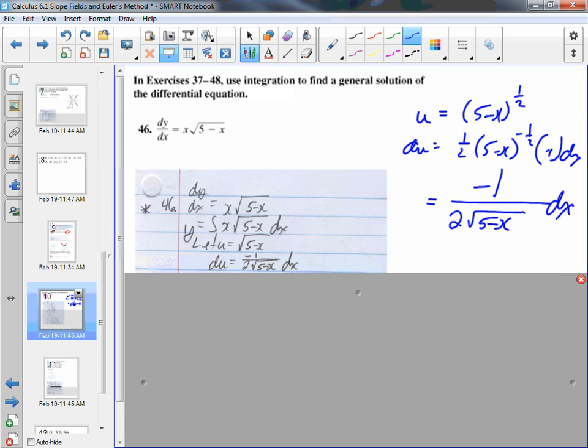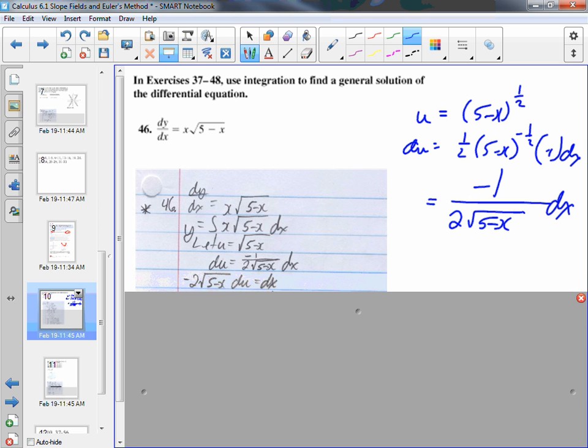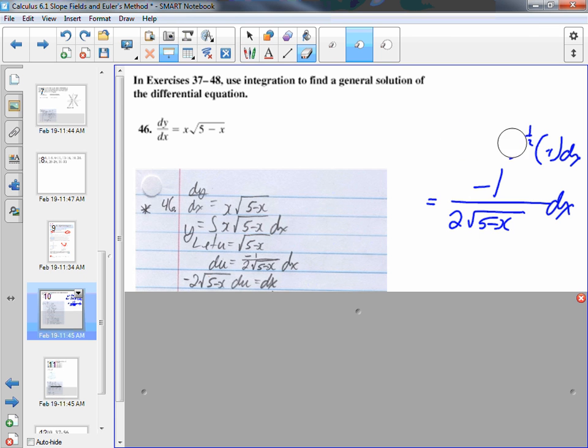So that's what du equals. Not exactly what we had hoped. So naturally, I'm going to multiply both sides by negative 2 square root of 5 minus x. And you know why I did.